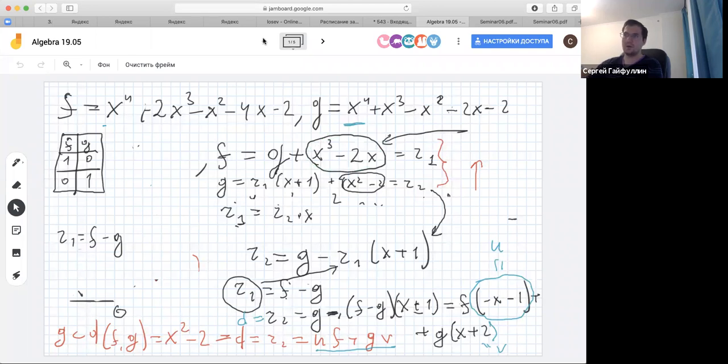I need to have some representation for the remainder. R1 equals to F minus G. Then I understand that there is coefficient -1 here. And so I add the second column to the first one with coefficient -1.